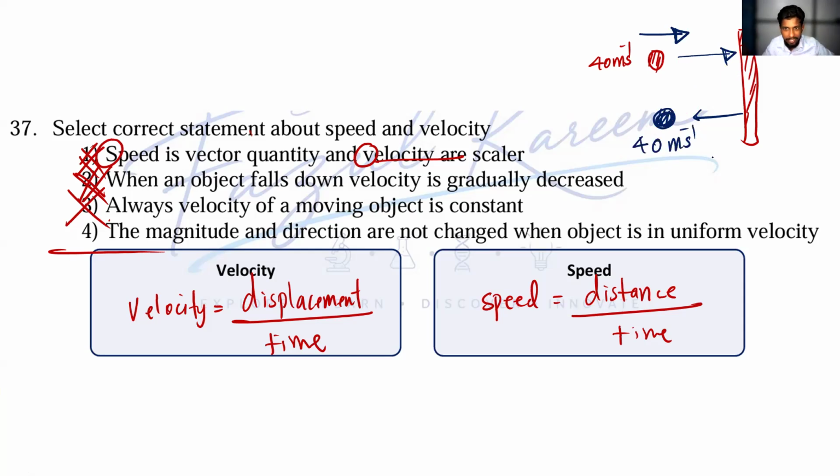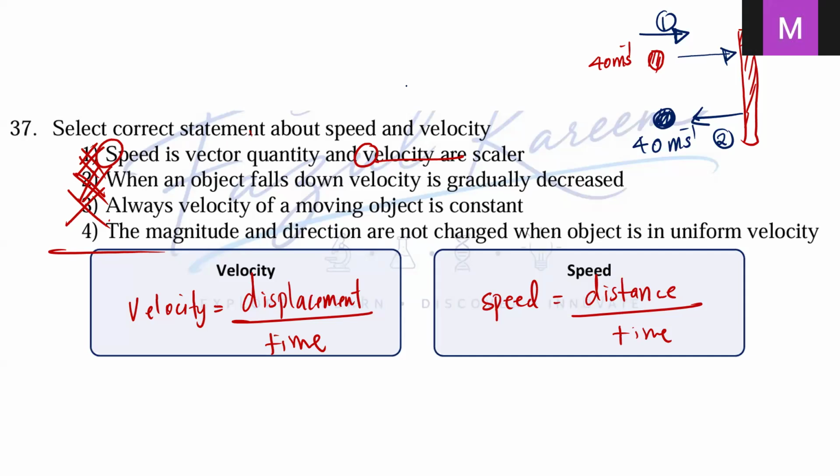My question is: in both of the instances, when I am moving like this and when it is bouncing back, the velocity is the same. That is my statement. I am asking whether it is correct or wrong.